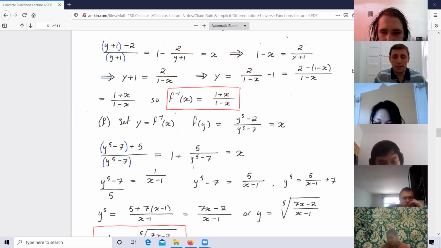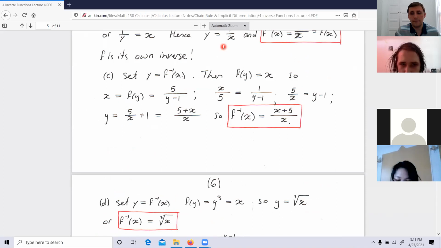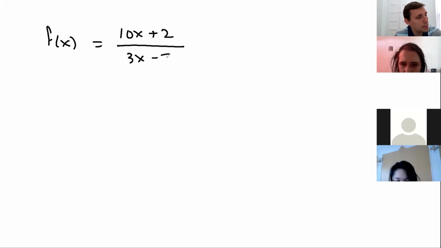I'm not sure if we're usually going to solve inverses, but with the questions that I've given, it's much simpler to find the inverse. So for instance, if you had this function, guys, f of x equal to, I don't know, 10x plus 2 over 3x minus 7, yes?